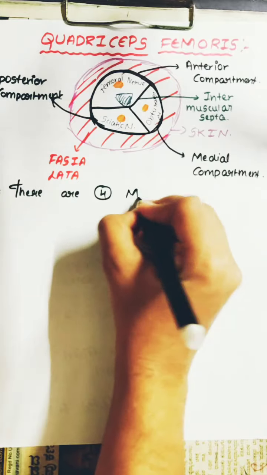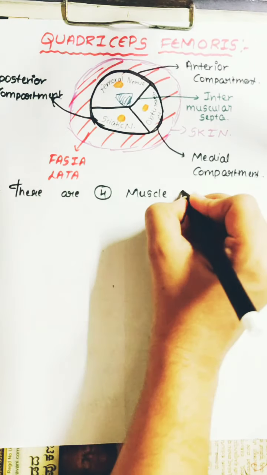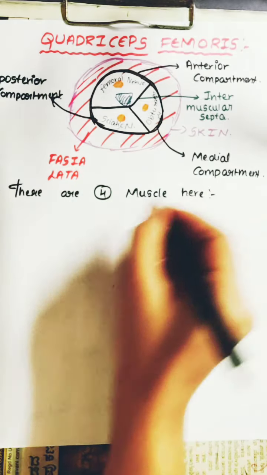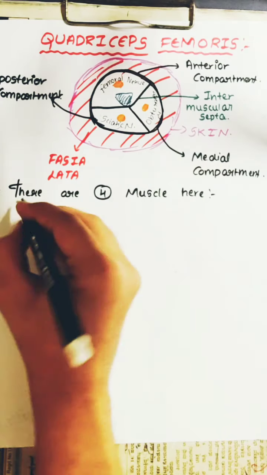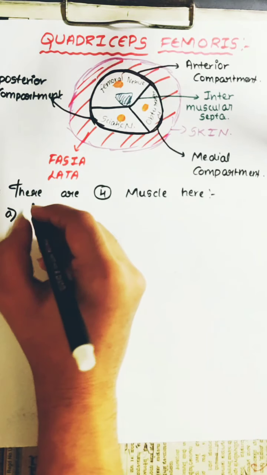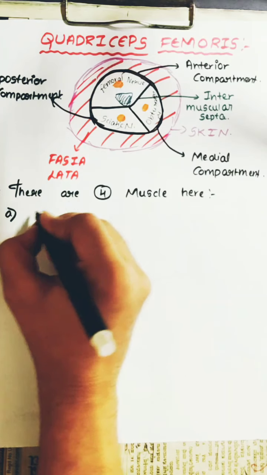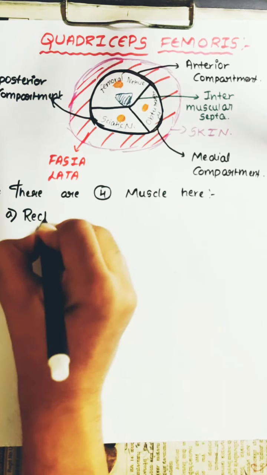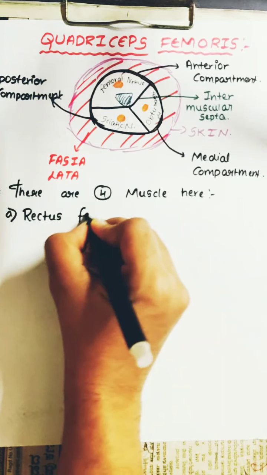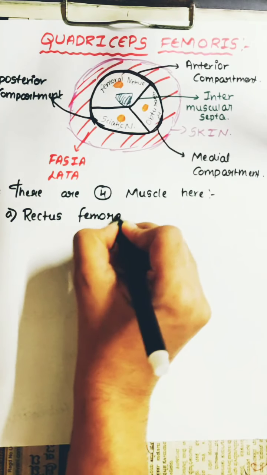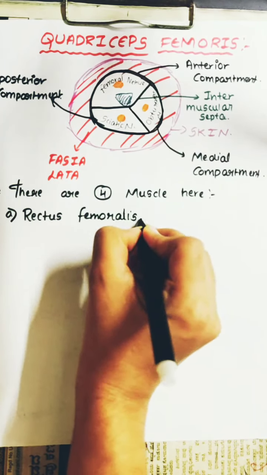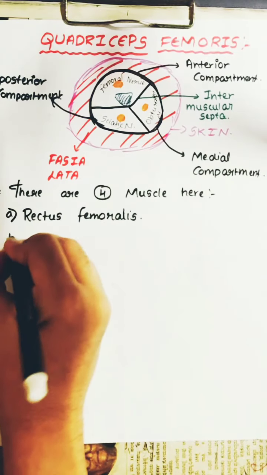What are those four muscles? You have to know. First one is the rectus femoris muscle.